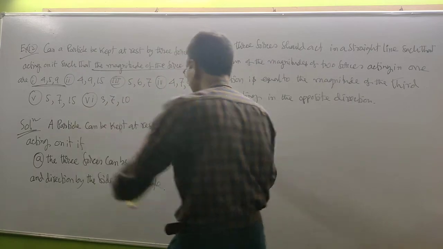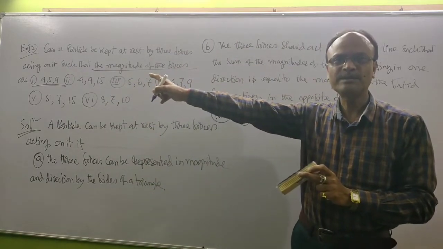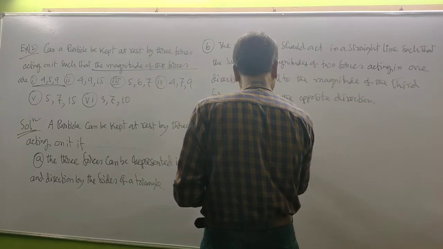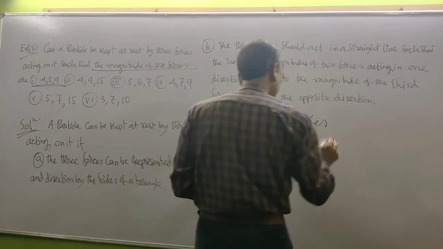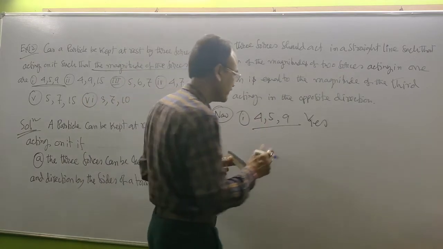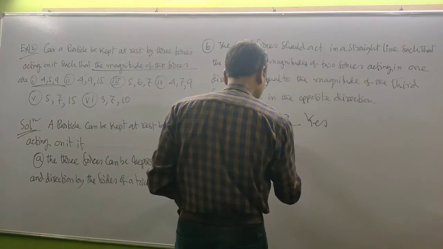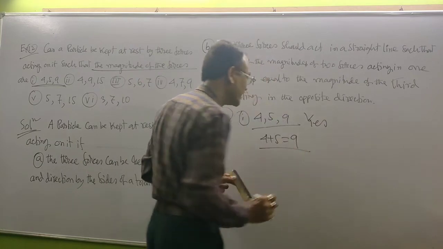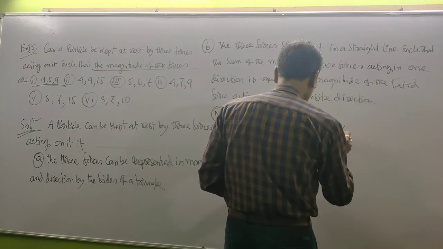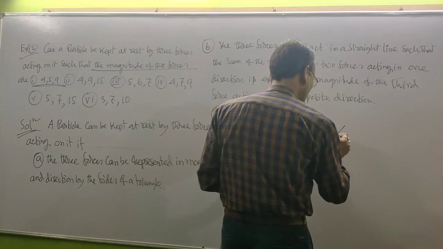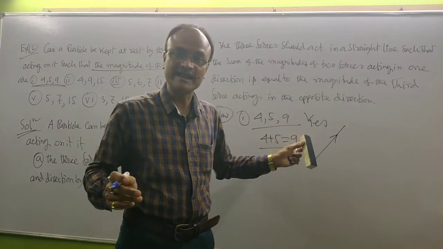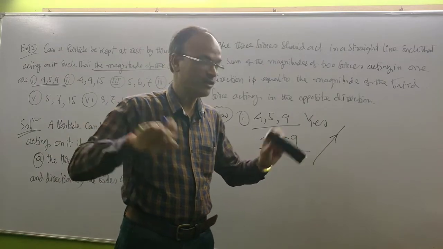Answer number 1: 4, 5, 9. Answer is yes, because the magnitudes 4 plus 5 is equal to 9. They are acting along a straight line. 4 and 5 are acting in one direction, and the force 9 is acting in the opposite direction.